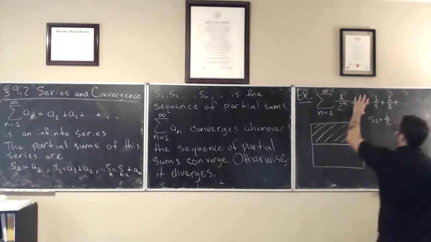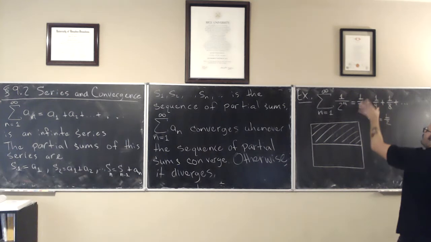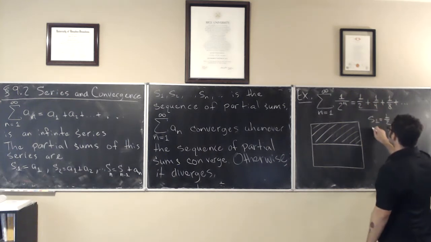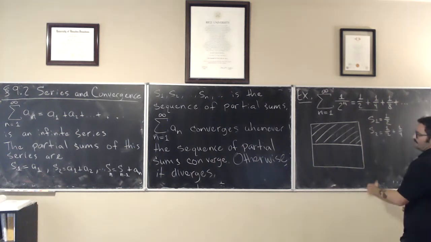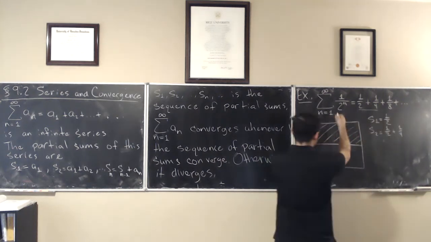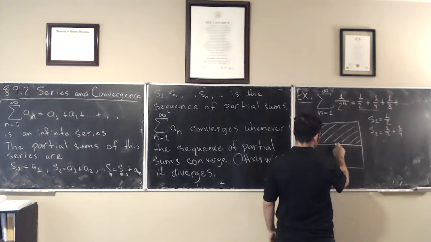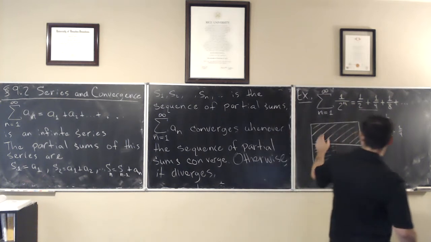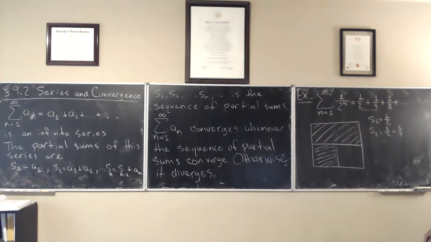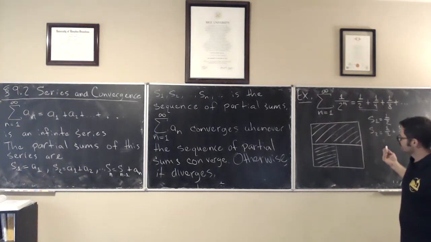But then if we add to a half 1/4, so S2 is going to be 1/2 plus 1/4, we can picture that geometrically by adding a fourth. If we cut this square into fourths, we can just add another fourth. So now this area would be S2.